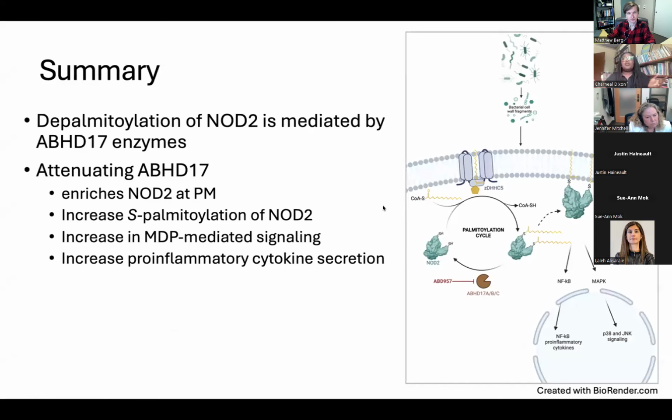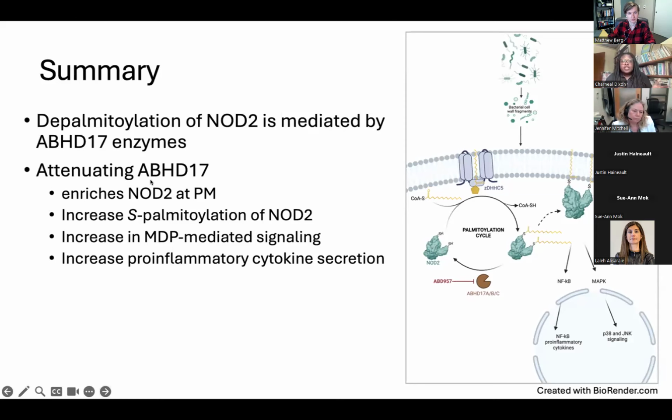So now we have a more complete picture of NOD palmitoylation. Both chemical inhibition and siRNA-mediated depletion of ABHD17 enhanced the plasma membrane localization of NOD2, which corresponded to an increase in S-palmitoylation of the protein, as well as an increase in MDP-mediated signaling and cytokine expression.